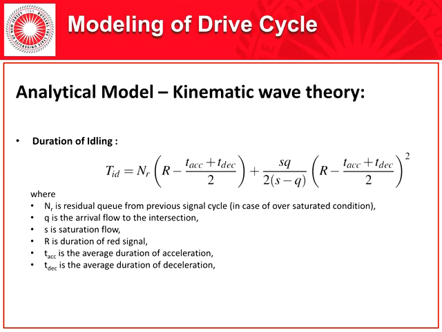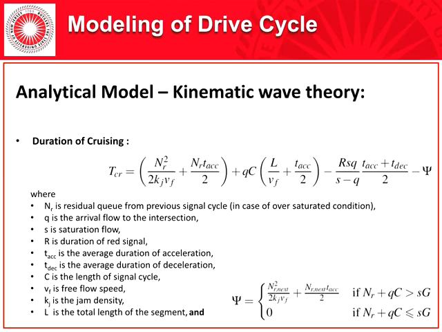And this is the equation that we have used for the total time spent in idling state, where in addition to previous inputs, we have TACC as the average duration of acceleration state and TDEC as the average duration of deceleration state.